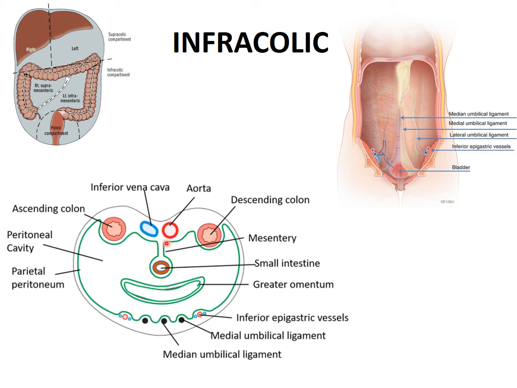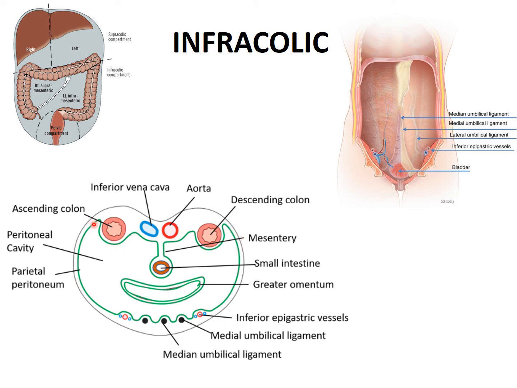So when the peritoneum is going on the posterior abdominal wall and then covering the colon on either side, whether ascending or descending, because it is covering the lateral side also, it forms depressions on either side of the colon, the medial as well as the lateral side of the colon.